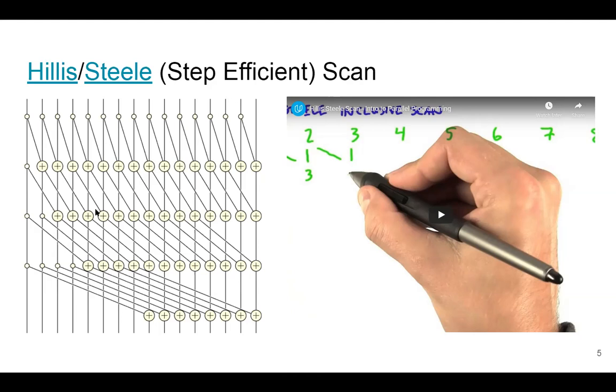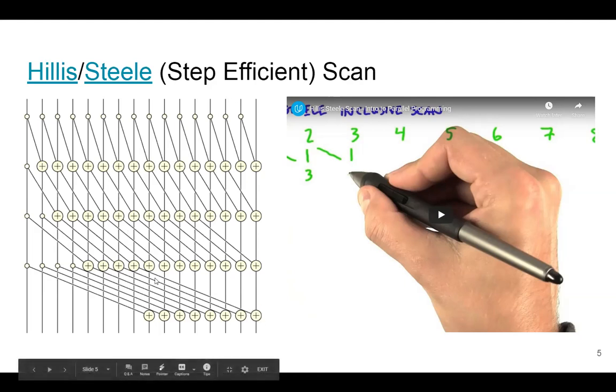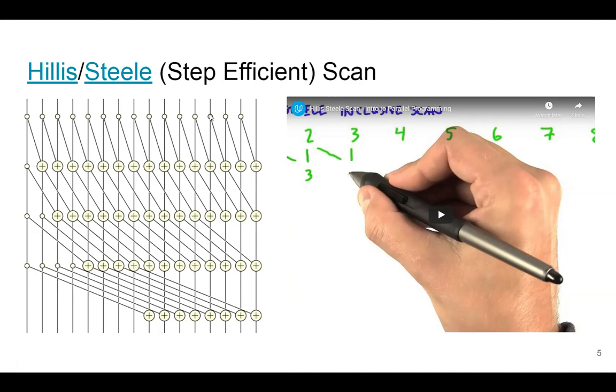It's just doing it in a log-phase way, log of the number of things you need to add up. By doubling the offset that you're pulling from every time, the sum of this one ends up pulling from this tree-like structure where you grab all the values in a very clever way.